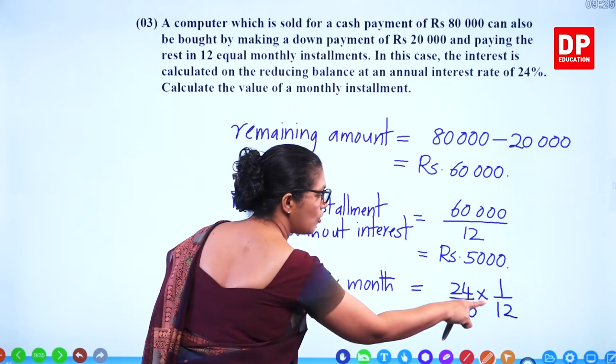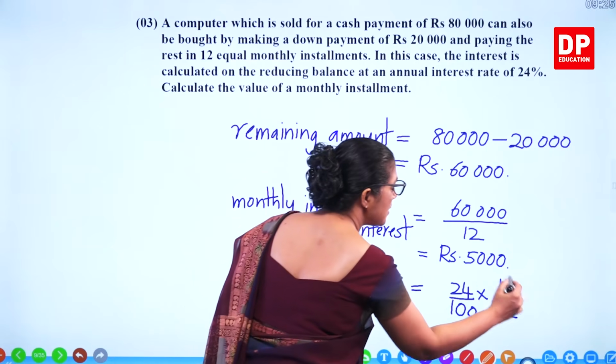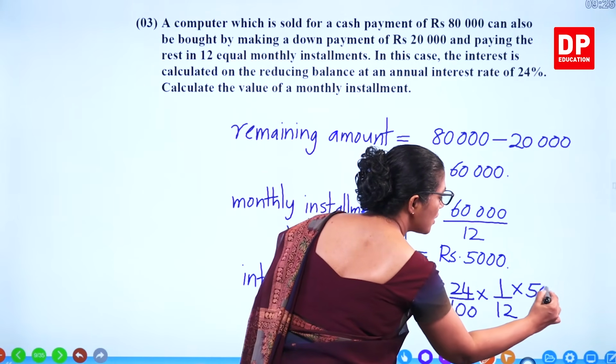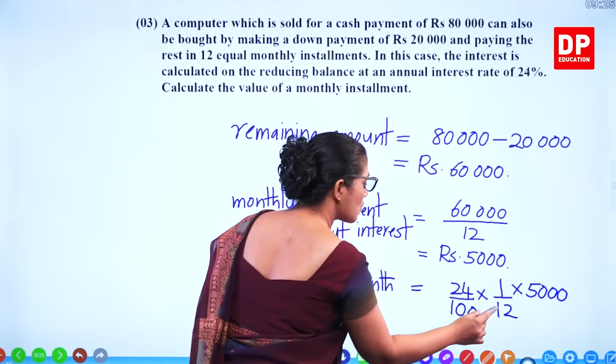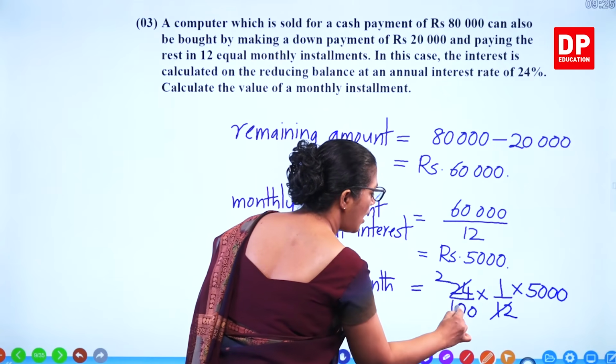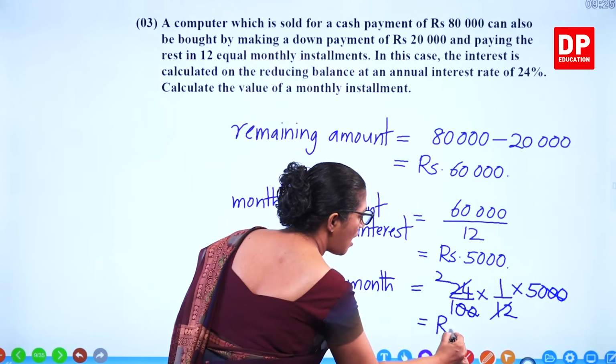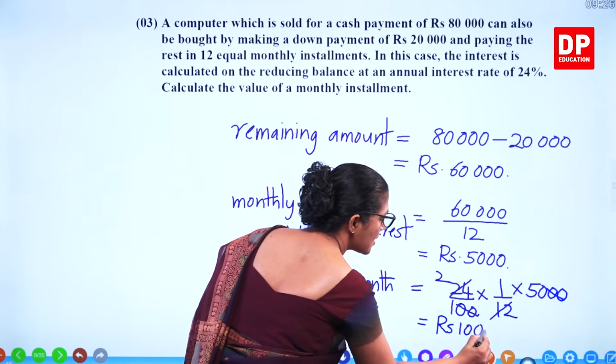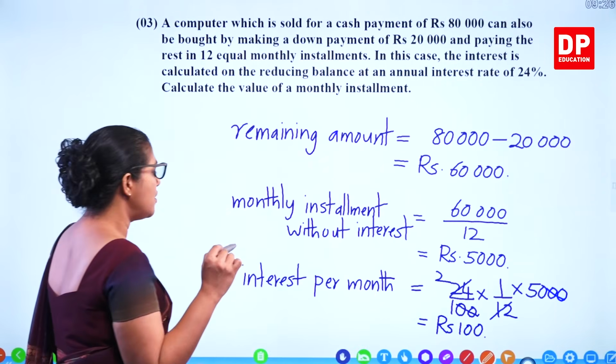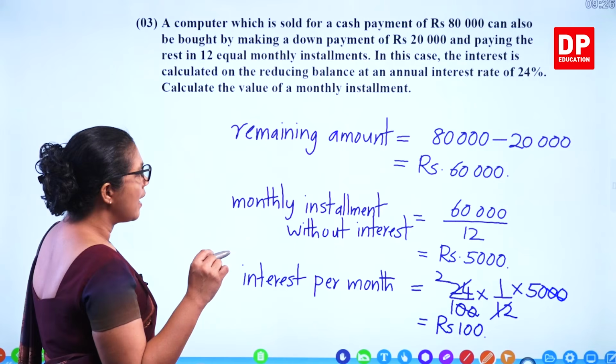So here you have to divide by 12 and multiply by 5,000. So 12 times 2 and 2 zeros get cancelled out. So you need to pay 100 rupees as the interest per month.